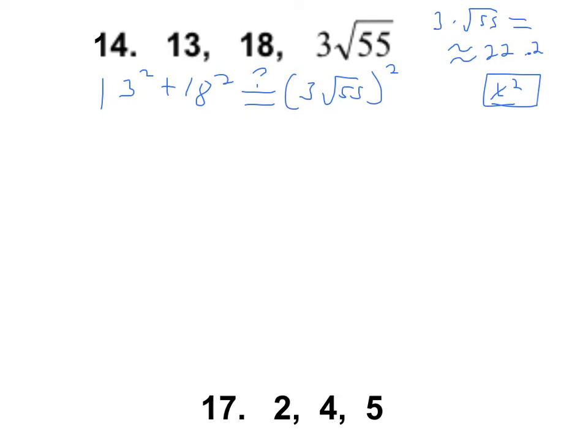When I do that and press enter, I get 495. And then we have to square the other ones also. 13 squared is 169. 18 squared is 324.